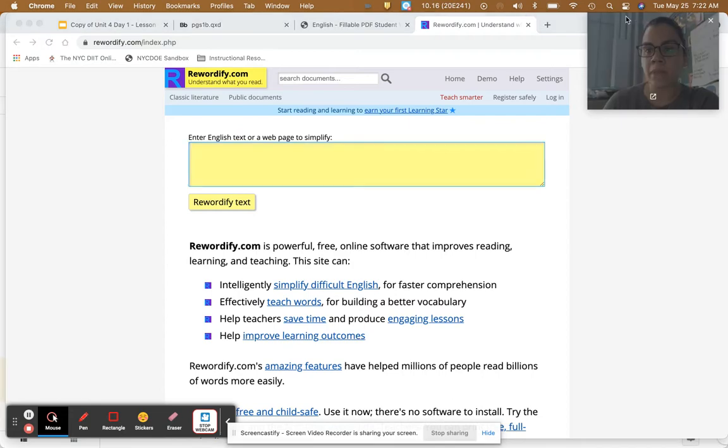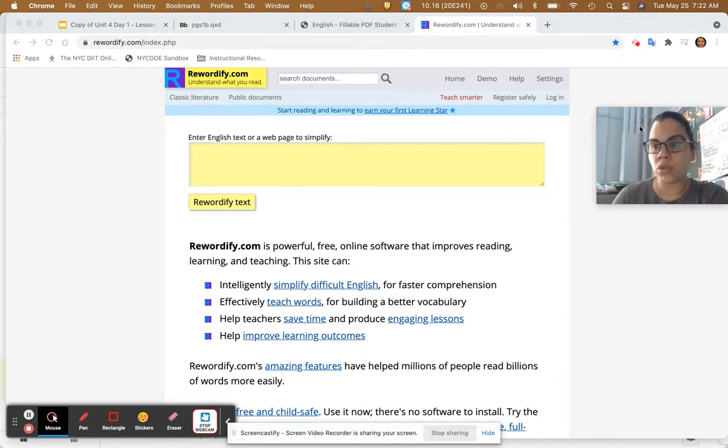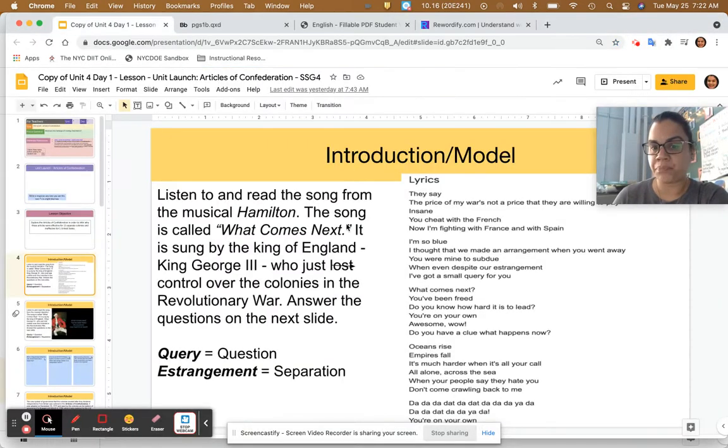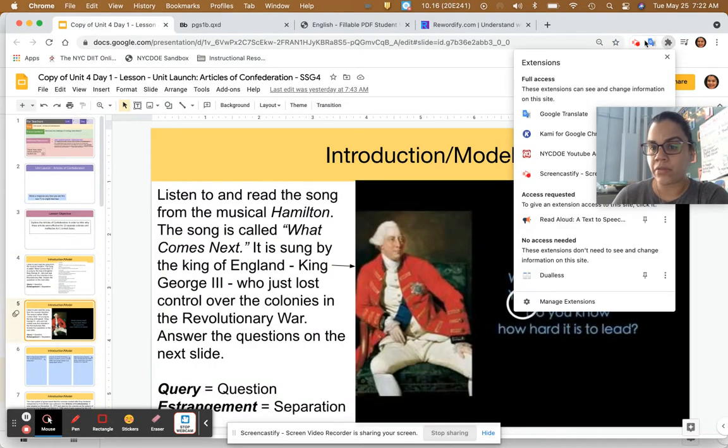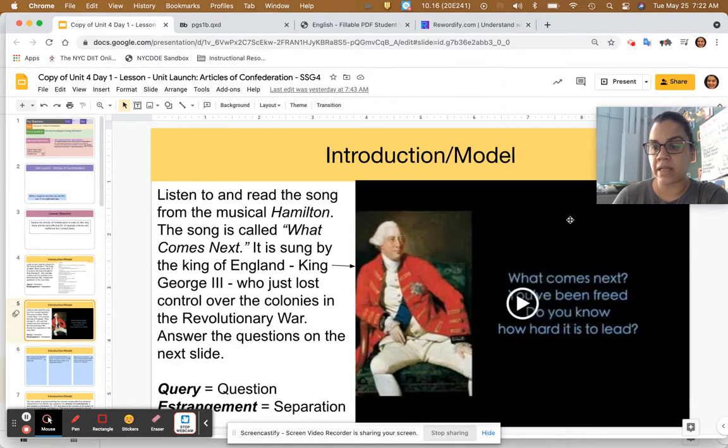And also remember that when you go on a slide, you have the extension Read Aloud, a text-to-speech.